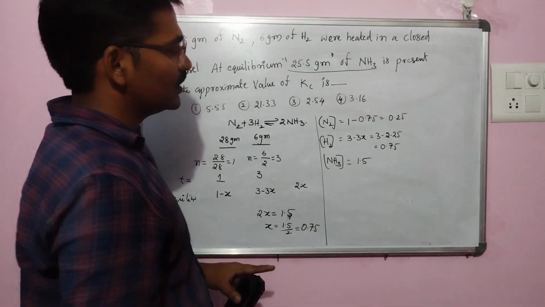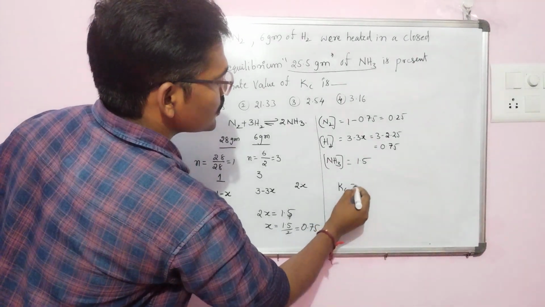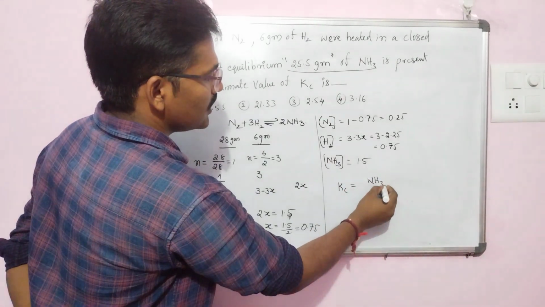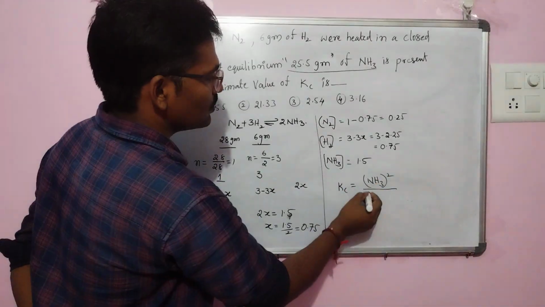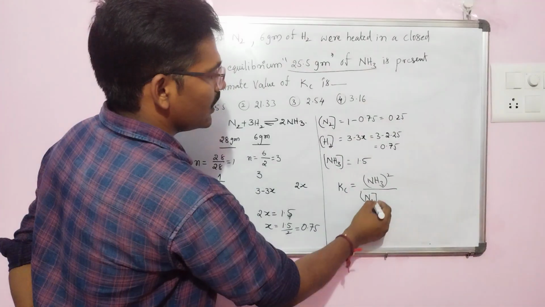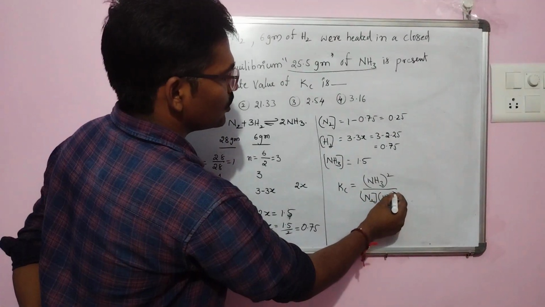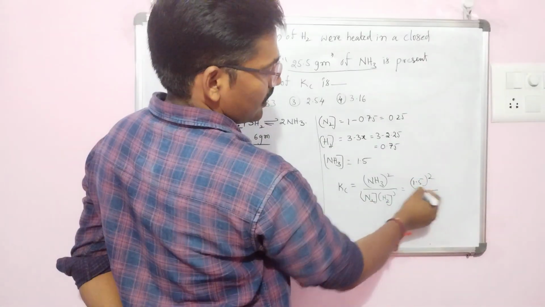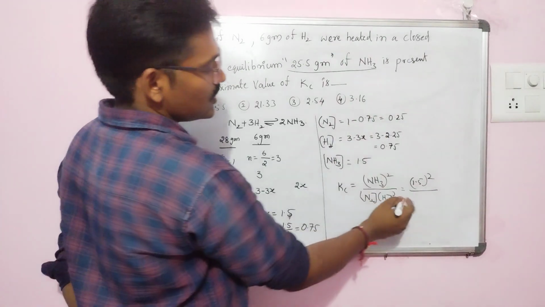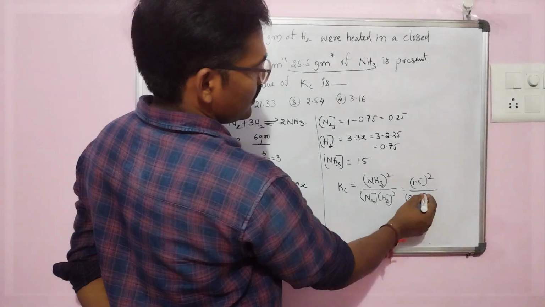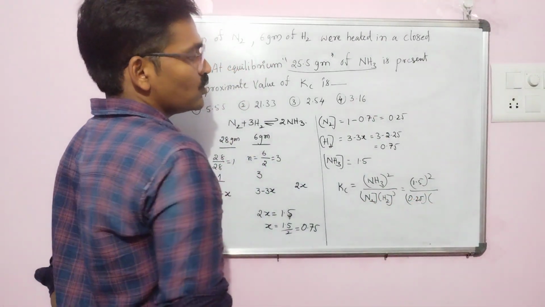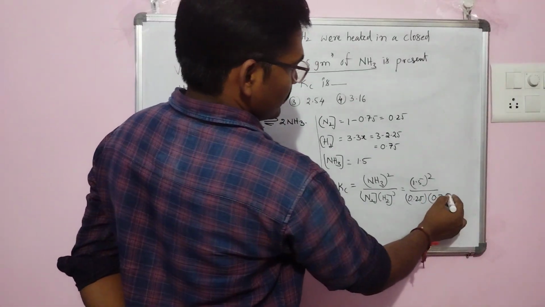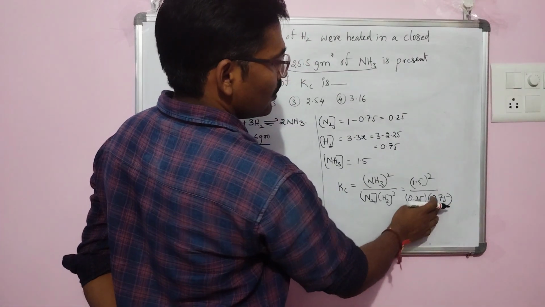So if you substitute all the values, what is the Kc here? NH3 to the power 2, N2, then H2 to the power cube. NH3 is 1.5 whole square, N2 concentration is 0.25, and H2 is 0.75 whole power cube.